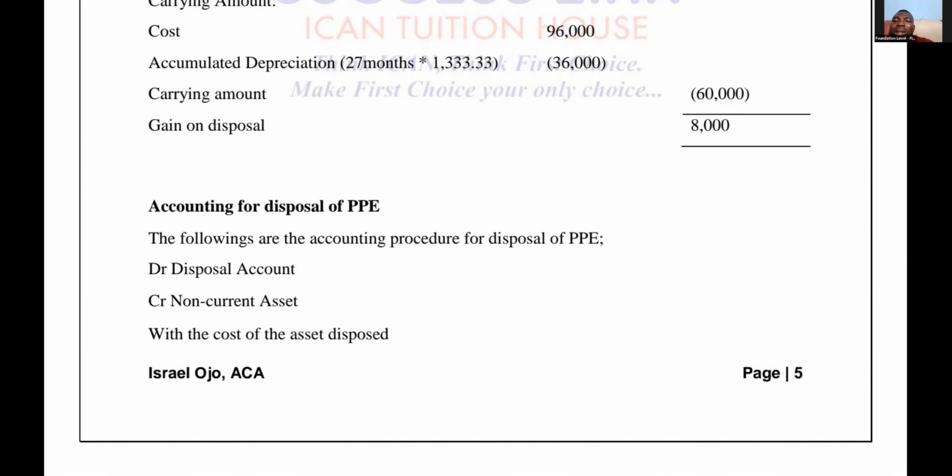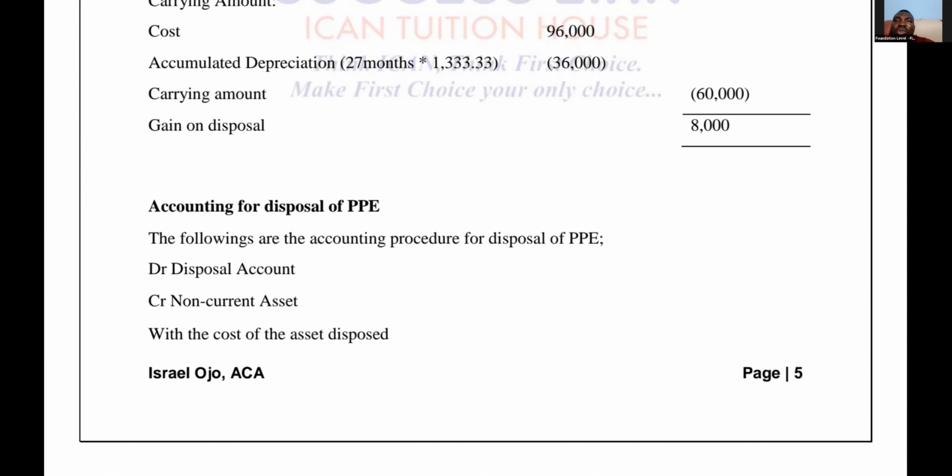That's why we credit the non-current asset. By crediting the non-current asset, you are removing the cost of the asset disposed. So we now go ahead and debit the disposal account.